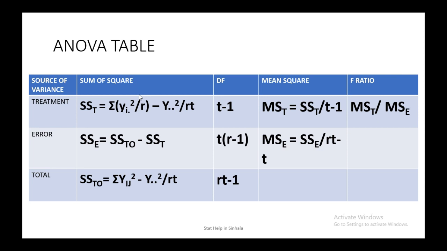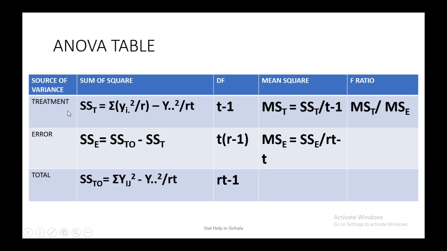Previously I have said that there are only 2 factors that could affect the observations in completely randomized design. Those are treatment and error. So those 2 factors are under source of variance. In completely randomized design, the source of variance are treatment and error. In here you can see this is the total variance.